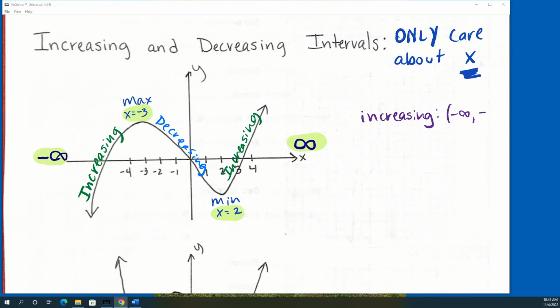Good. So that's one of the intervals that is increasing. But we have another one. I know I'm increasing on this interval right here, so the x value where I'm going to start increasing is 2. And then I'm going to be increasing forever and ever to the right. So what's forever and ever to the right? Infinity.